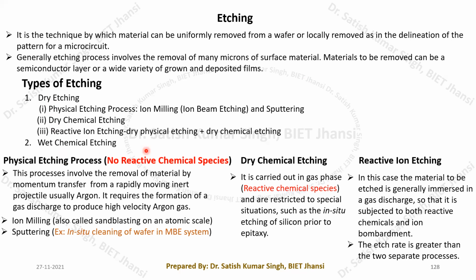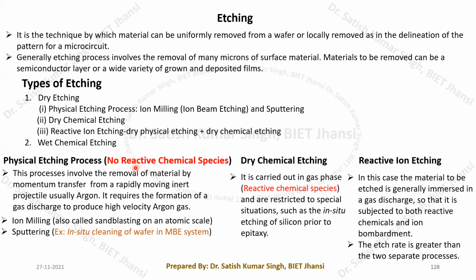As you can see in the first case, the physical etching process, in this removal of a certain layer we don't require any reactive chemical species. We don't have a particular chemical reaction.